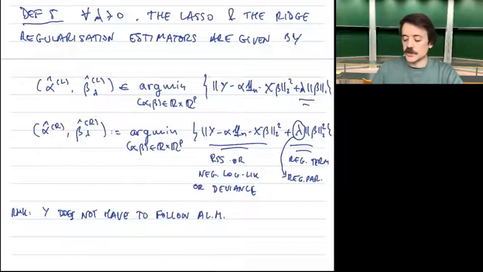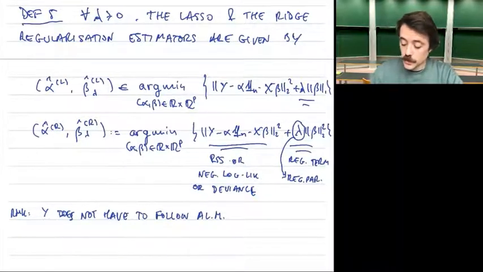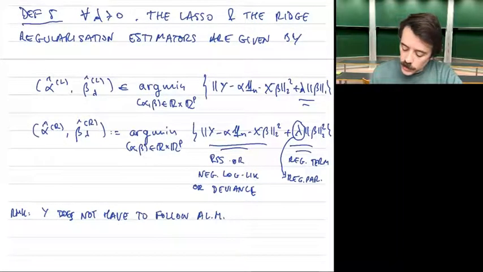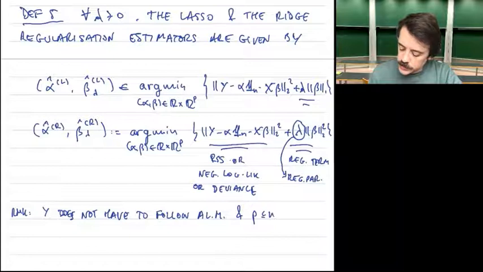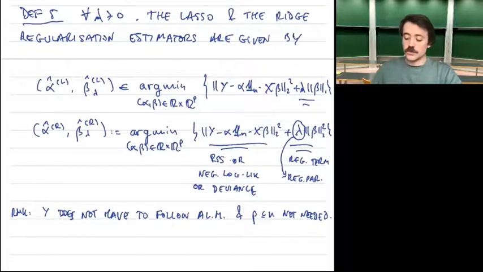All we've done is just to modify the fitting of the linear model, but that doesn't require the Y to follow a linear model. And also, this usual assumption is not needed, at least to write this out.